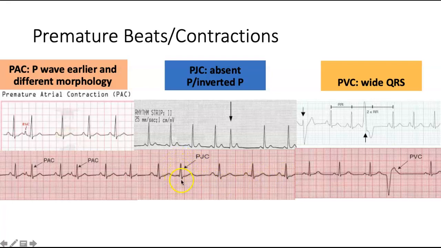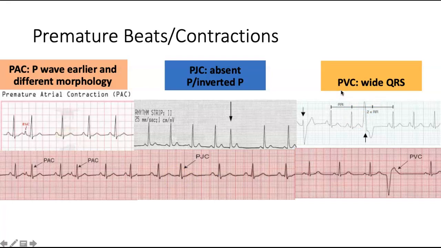A narrow QRS that fired a little bit sooner than we expected, and there's no P wave. Again, contrast the premature junctional complex to a premature atrial complex. There's a distinct P wave here in the PAC, but there's no P wave in the PJC.